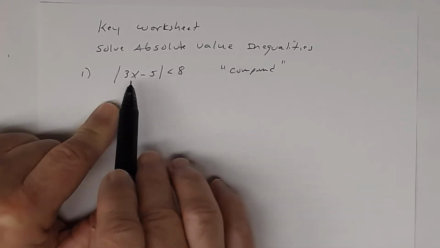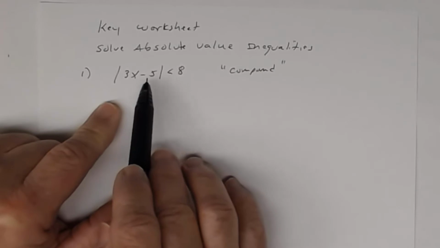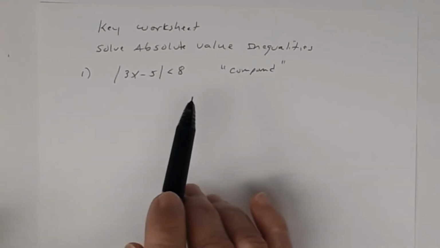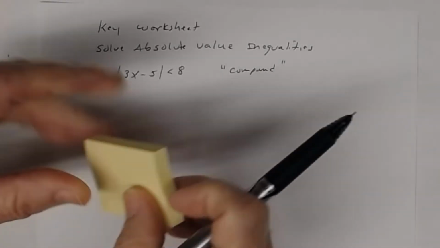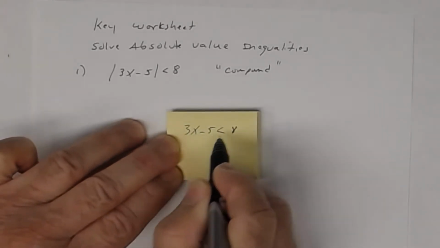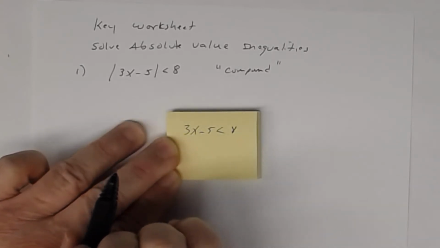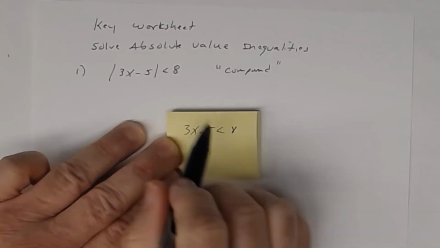Now, do not confuse an absolute value inequality with a linear inequality. This right here is not this. Solving a linear inequality is different than solving an absolute value inequality. Those are not the same.